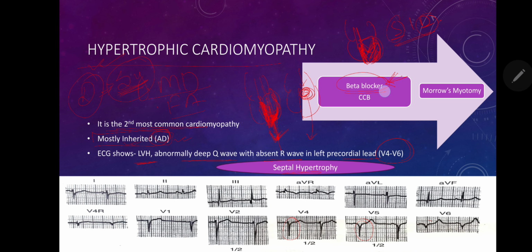So beta blocker is the first line of treatment. Along with this, we can add CCB, that means calcium channel blocker. So in small children, we start with propranolol, that means a beta blocker, and in elder children, we can give atenolol and verapamil.